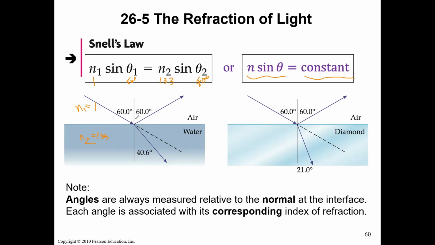From there, we know that a light ray in air hitting the interface of air and water will be refracted, propagating in a different direction from this dashed line. It is this blue line, making an angle of 40.6 degrees with respect to the surface normal. This is the surface normal.